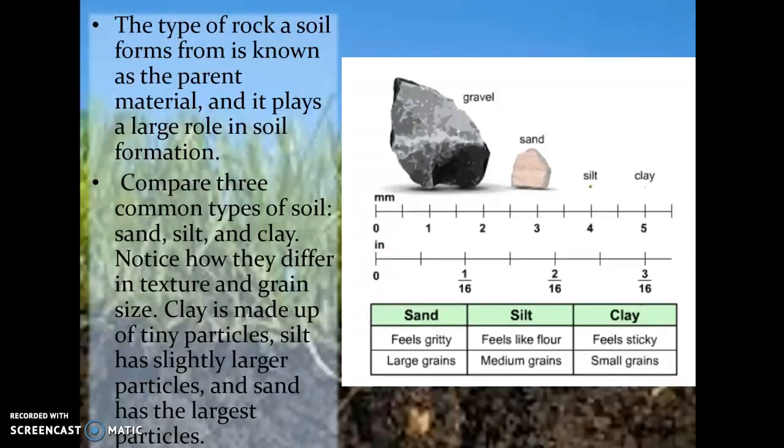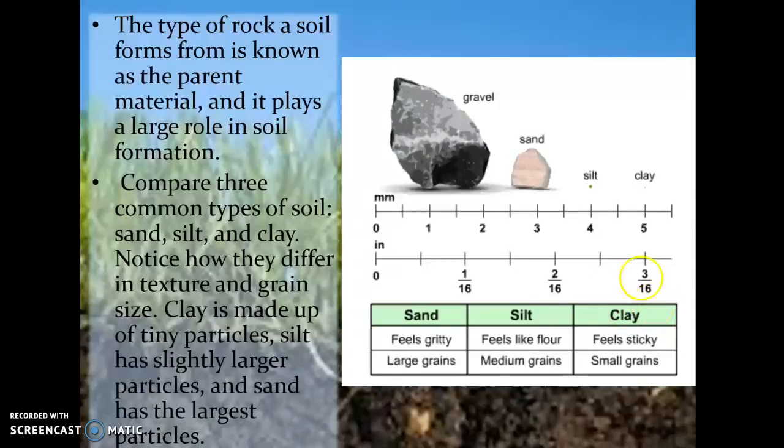So the type of rock a soil forms from is known as the parent material, and it plays a large role in soil formation. So here's three common types of soil: sand, like you may see at the beach, silt, and clay. They're very different in how they feel, which is their texture, and the size of their grains.